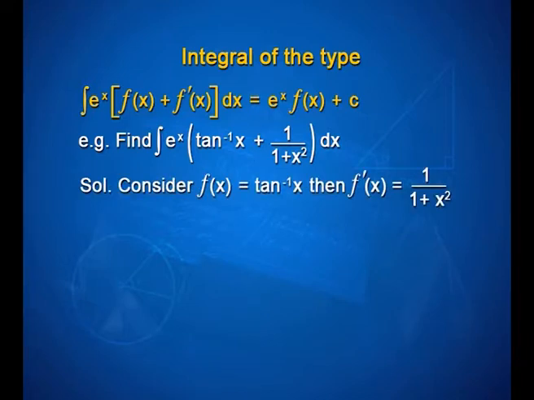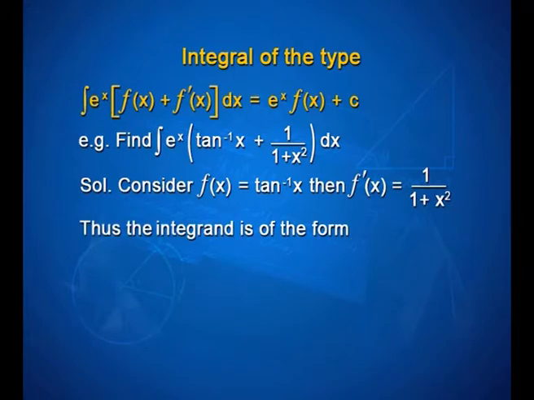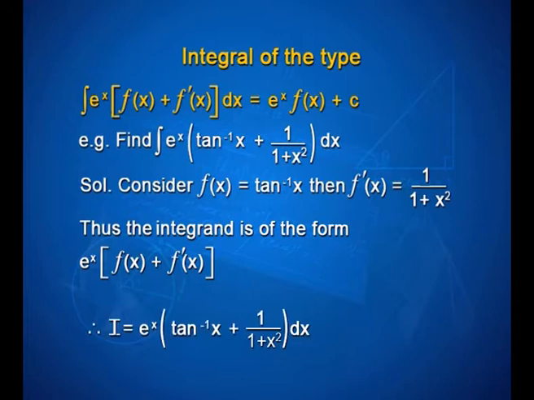Consider f of x is equal to tan inverse x, then f dash x is equal to 1 upon 1 plus x square. Thus, the integrand is of the form e to the power x into (f of x plus f dash x). Therefore, the integral is equal to e to the power x tan inverse x plus c.